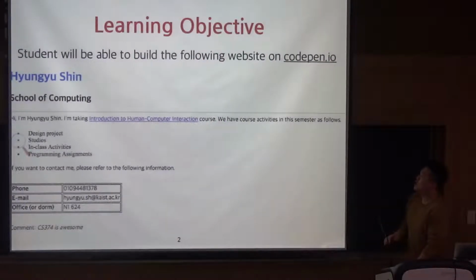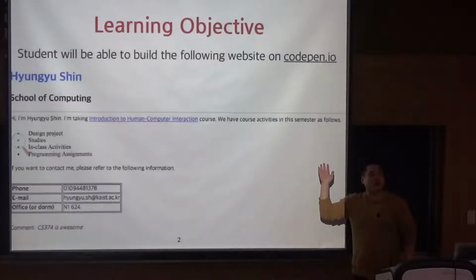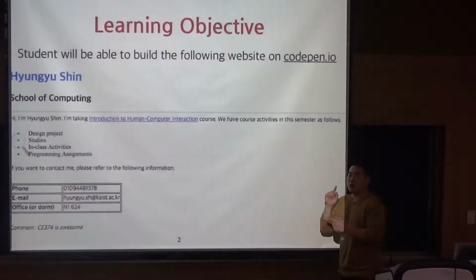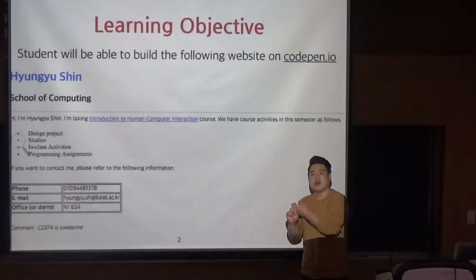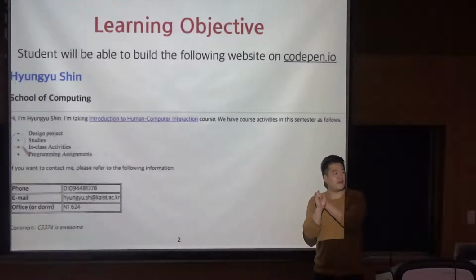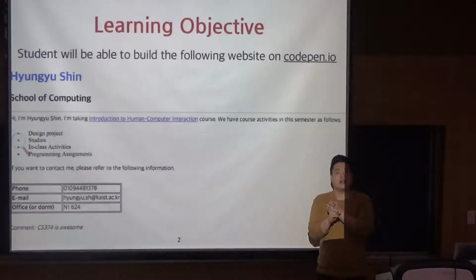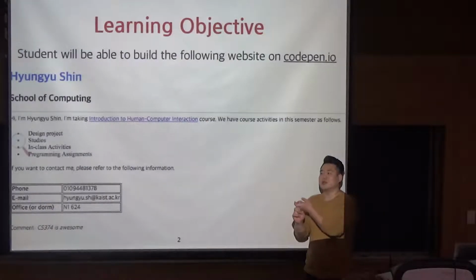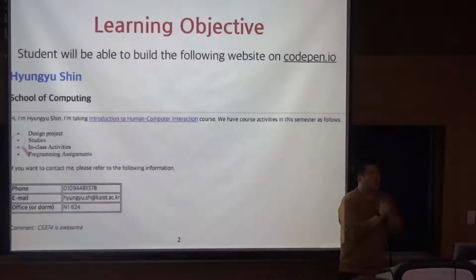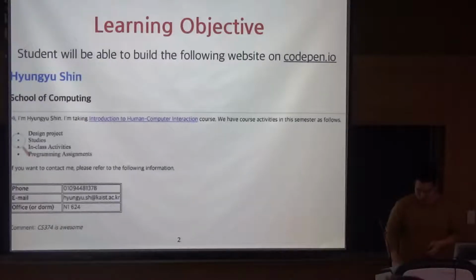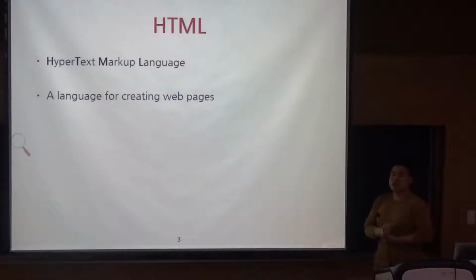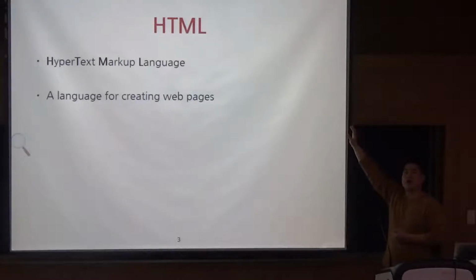All right, so we need to talk about how to build this website. And if we want to build something on a computer, we need to have a programming language, right? Like Python or C, C++. We always have some language to implement something. And here's the language. There is a language called HTML.